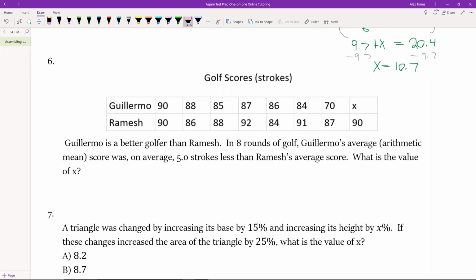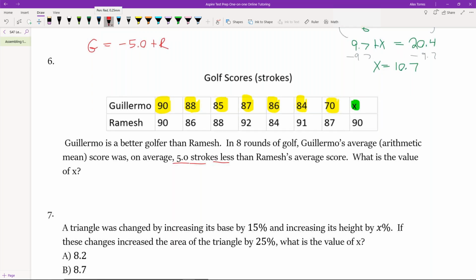So here we have Guillermo's average, which is 5.0 less than Ramesh's average. So Guillermo's average is all 7 of these, plus the x, and we're dividing by 8 because there are 8 of them.